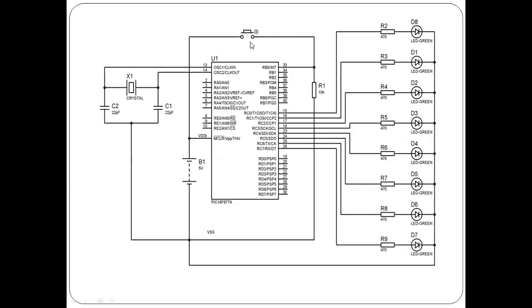When this is not pushed, these two are disconnected, so the voltage applied here is coming like this as 0 volts. And when I press this, it becomes 5 volts, so 5 volts will be applied in here.